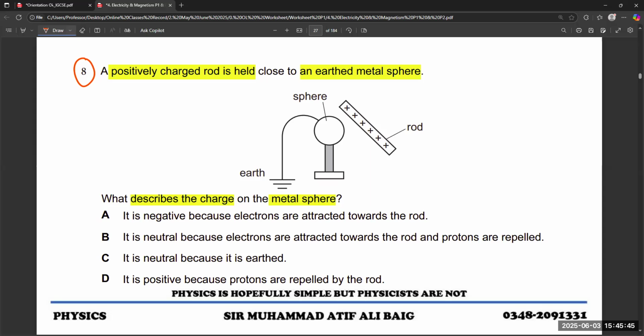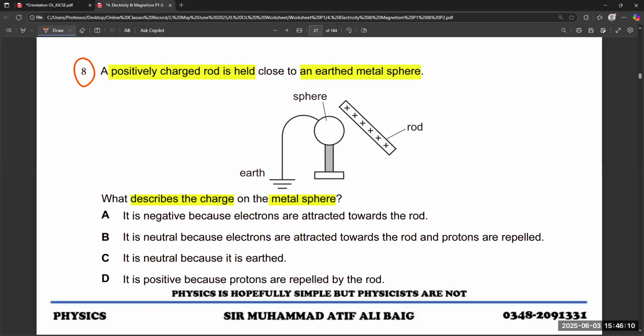A. It is negative because electrons are attracted towards the rod, okay? Because in this example, we have a positive rod close to it. And because of that positive rod, electrons are attracted towards it. And on the other side, we have a ground wire connected also.